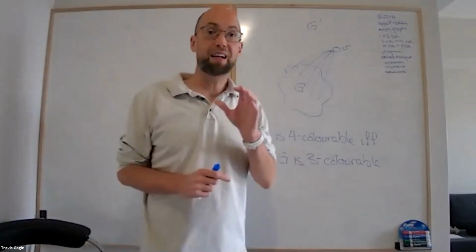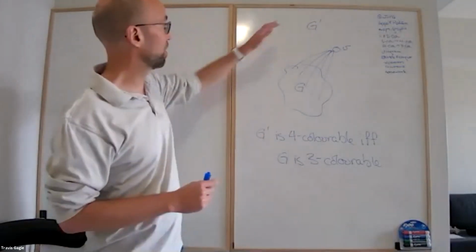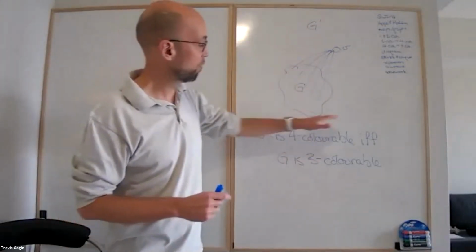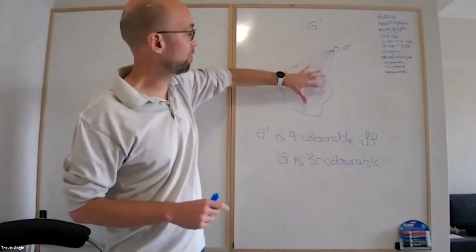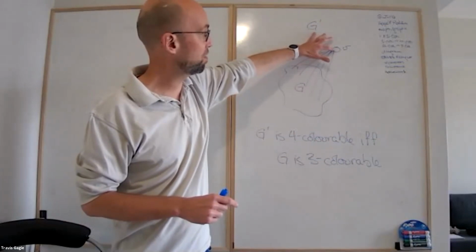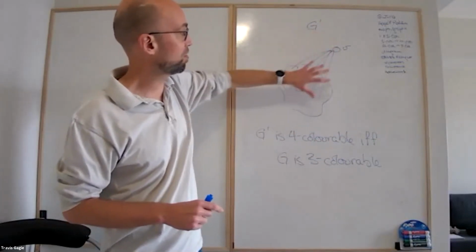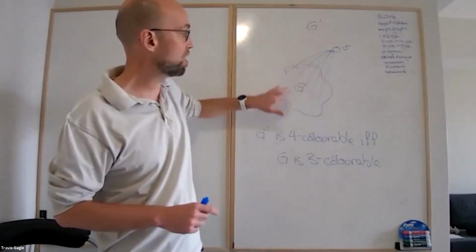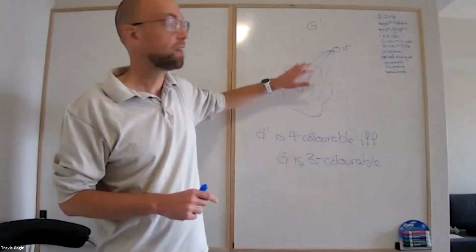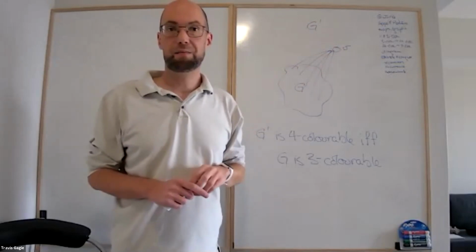Note that this requires 4-colorability, not planar 4-colorability, because if you connect V to all the vertices, that doesn't maintain planarity. Even if G is planar, G prime may not be planar.